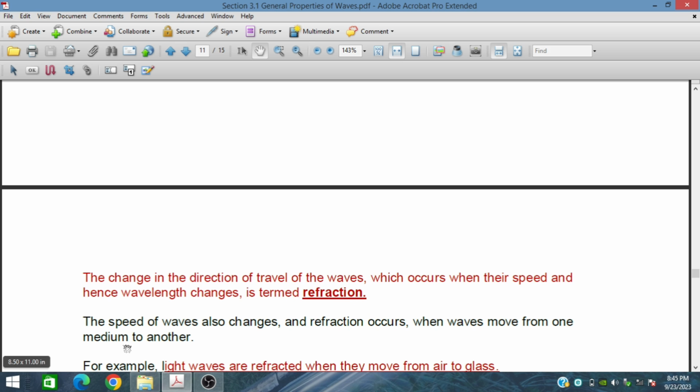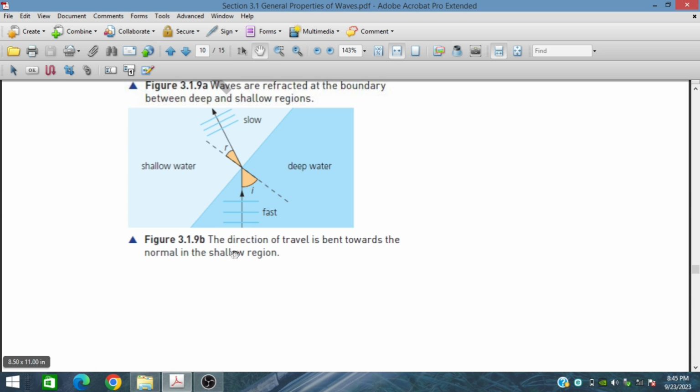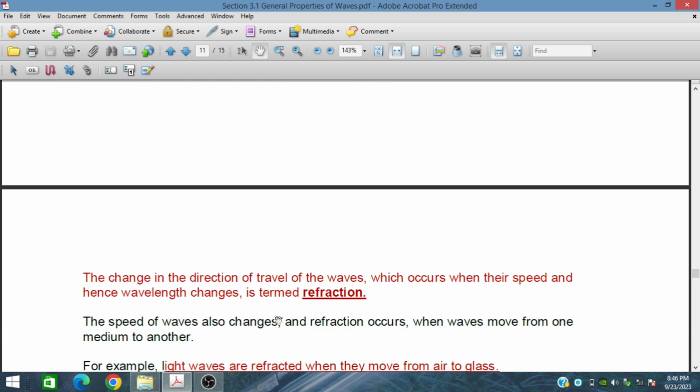Refraction occurs when a wave moves from one medium to another. Here this medium is different from this one, because here the water is deep. Here we have placed some objects inside the shallow water, so the depth of water has decreased and the wave shape changes.